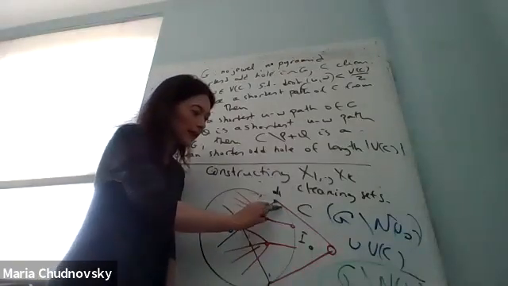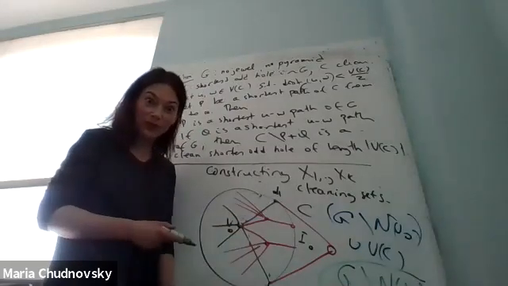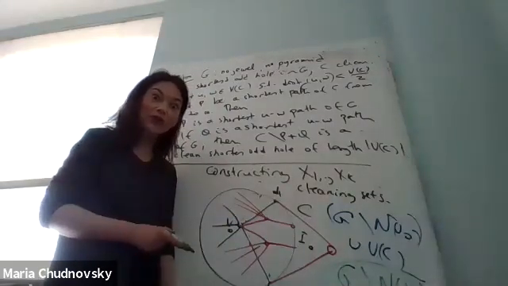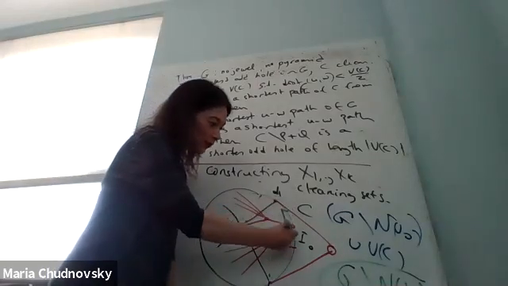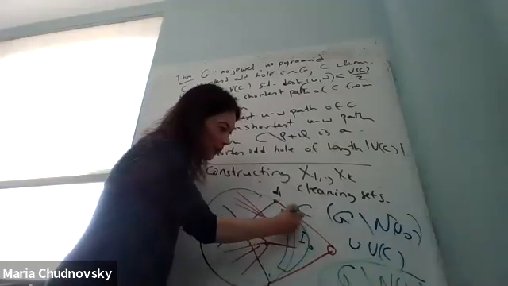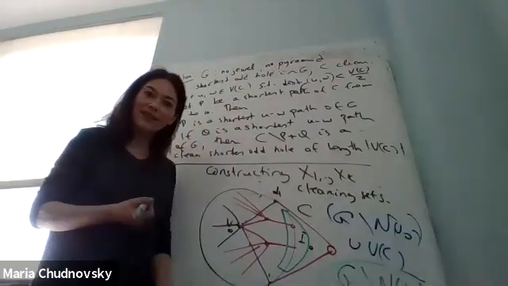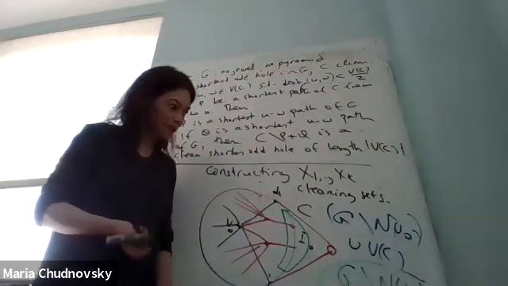Well, I can't compute this particular shortest path from D1 to D2, but I can compute the set of all shortest paths from D1 to D2. So here it is. It's the set of all vertices that are in shortest paths from D1 to D2. It's an exercise to convince yourself that you can do it.